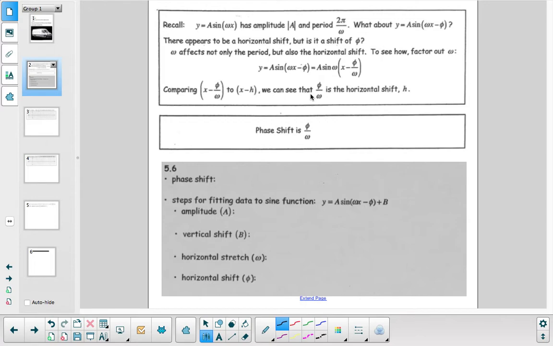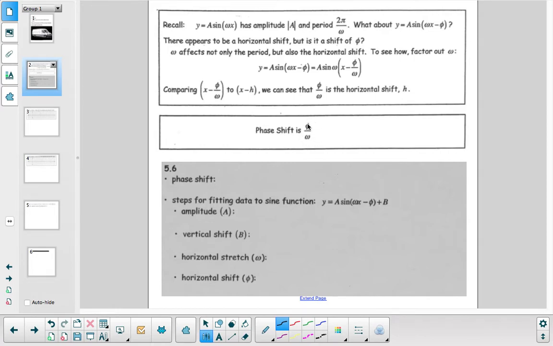Now, it's important to remember there's two different ways of writing this. Very similar, all of the same letters are here, except that one has omega factored out. If omega is not factored out and it is sine of omega x minus phi, then you're going to use phi over omega.